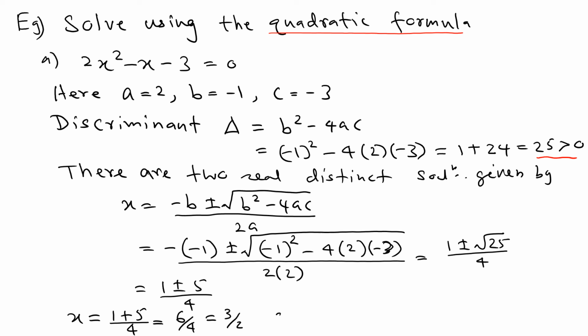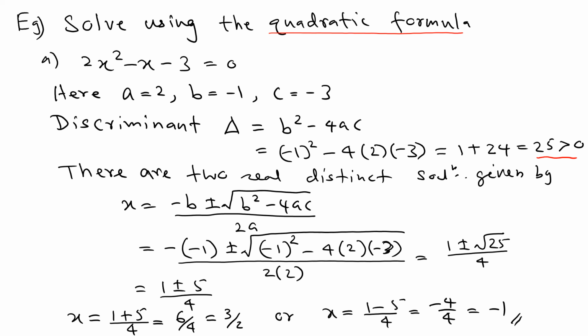That's the first solution. The other solution goes with the minus sign: 1 minus 5 over 4, which is -4 over 4, which is -1. That's how you get the two solutions using the quadratic formula.